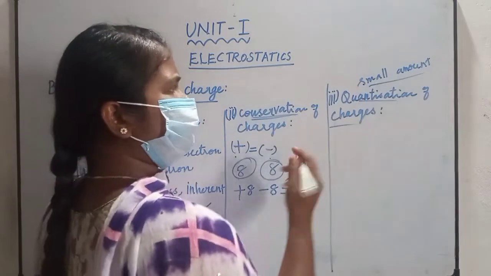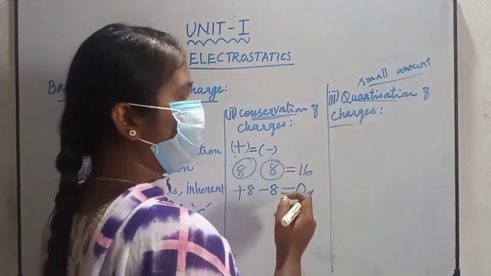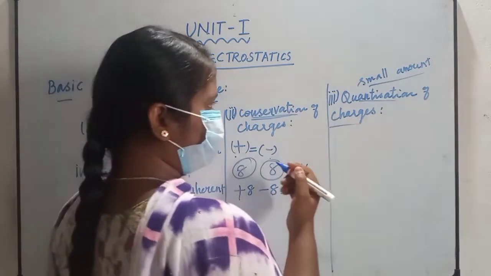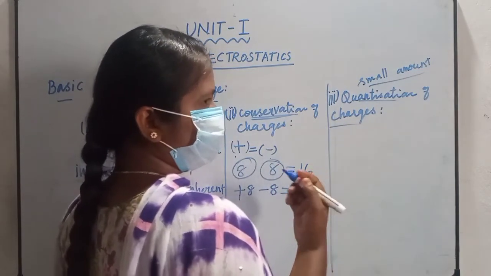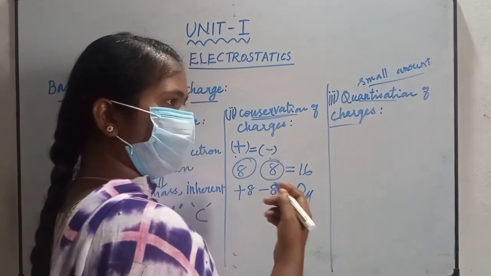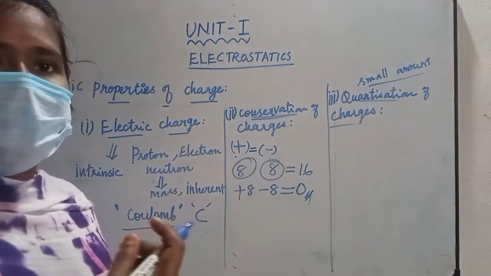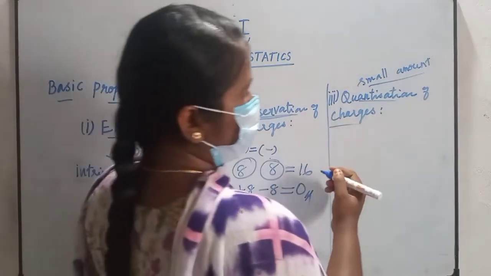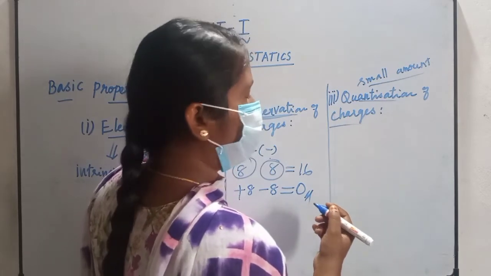Then, what is the small amount of charge? One famous scientist, Robert Millikan, found it through his experiment and gave the value of the small amount of charge.